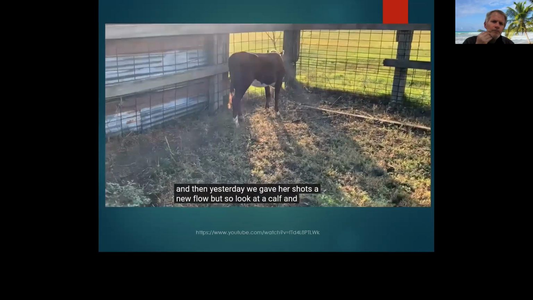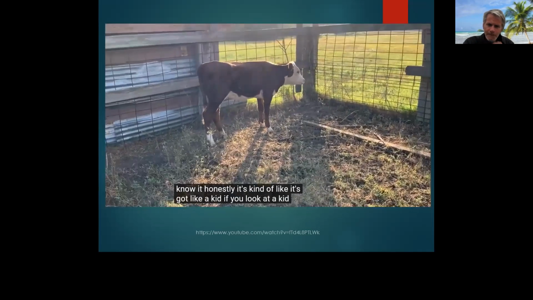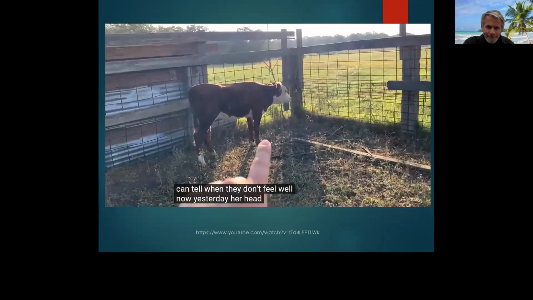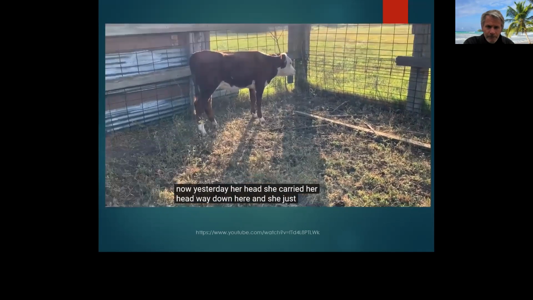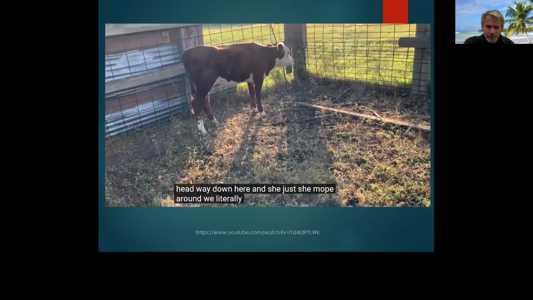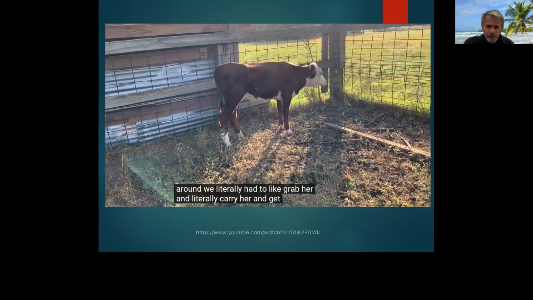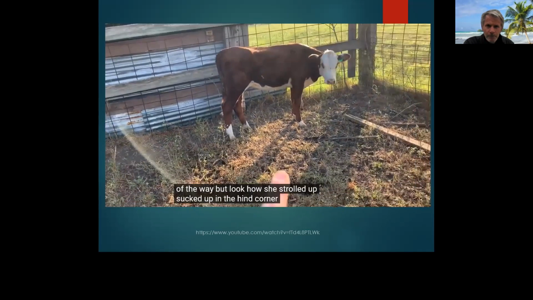But to look at a calf and to know it, honestly, it's kind of like a kid. If you look at a kid, you can tell when they don't feel well. Now, yesterday, she carried her head way down here, and she moped around. We literally had to grab her and carry her and get her out of the way. But look how she's drawled up, sucked up in the hind corner.